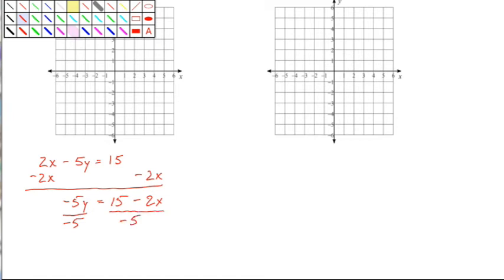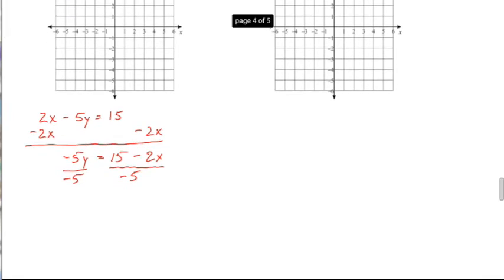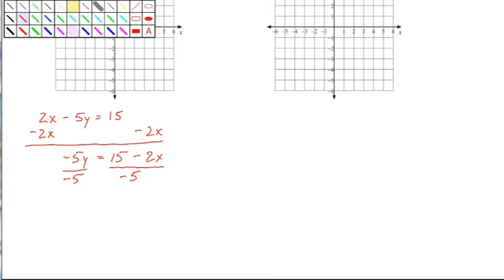I can break that up into two different fractions, and I can rewrite this down here as y is equal to 15 divided by minus 5 minus 2x divided by minus 5.